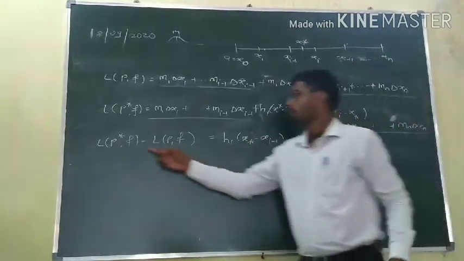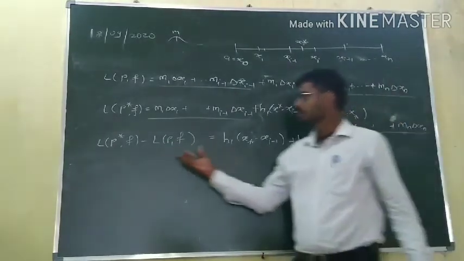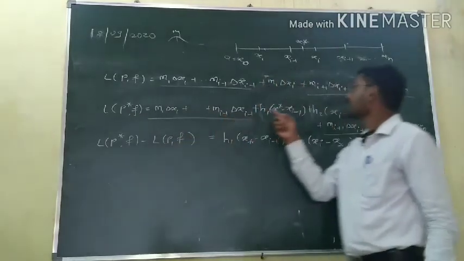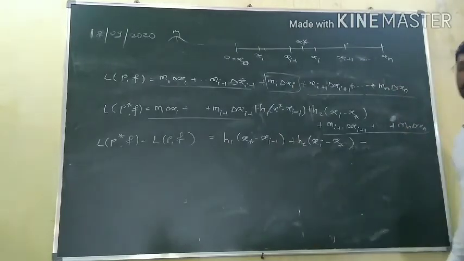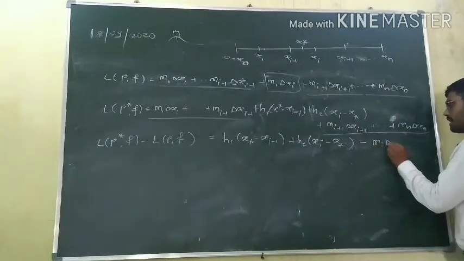Now minus the remaining terms in the lower sum of the function corresponding to P. Here the remaining term is only one, m i delta x i. So minus m i delta x i.